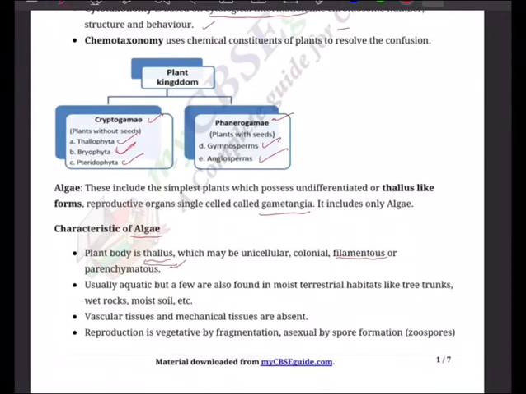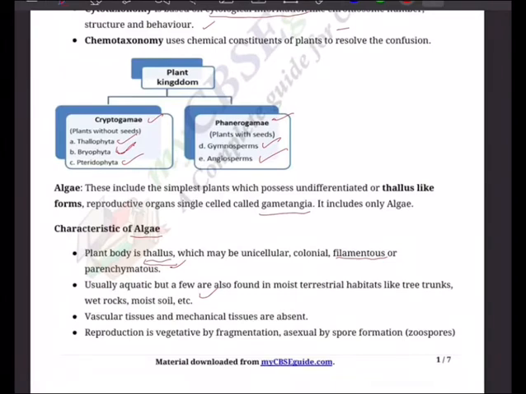Usually aquatic, they are water-living plants, but few are also found in moist terrestrial habitats like tree trunks, wet rocks, moist soil, etc. You must have seen whenever you have visited any well or a lake, on the surrounding walls there will be green patches. Those green patches are algae.